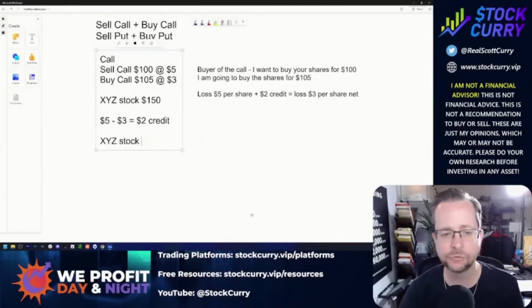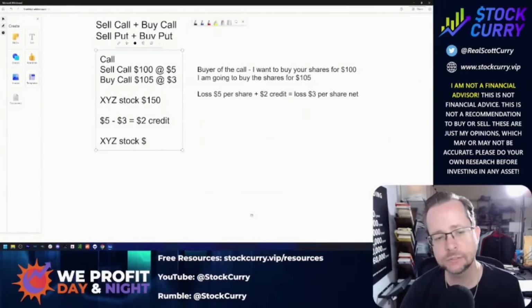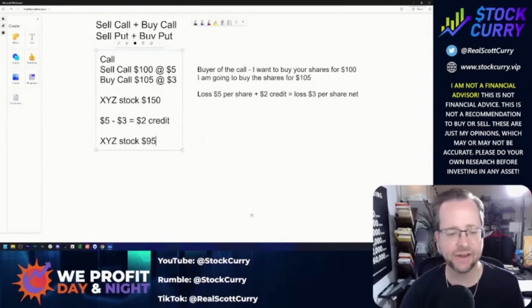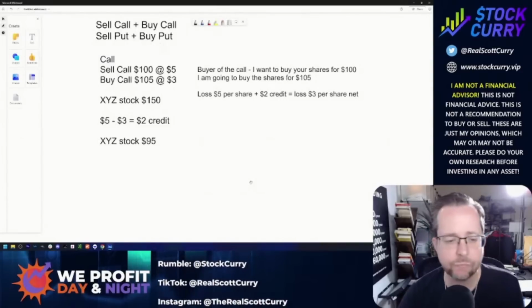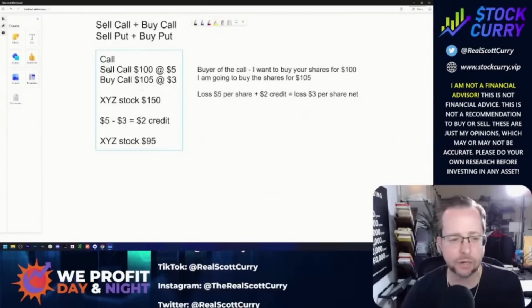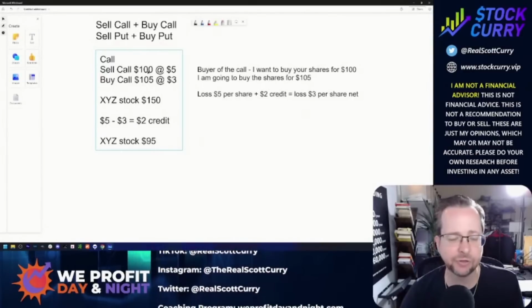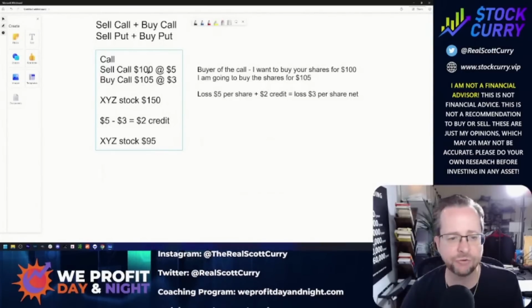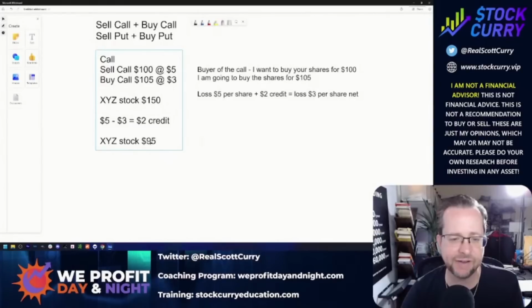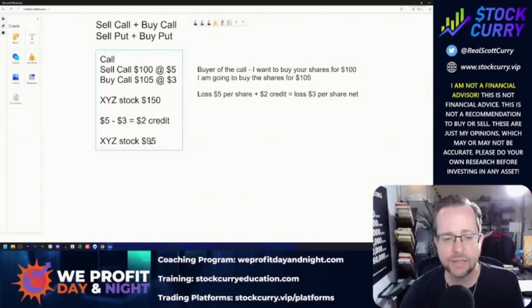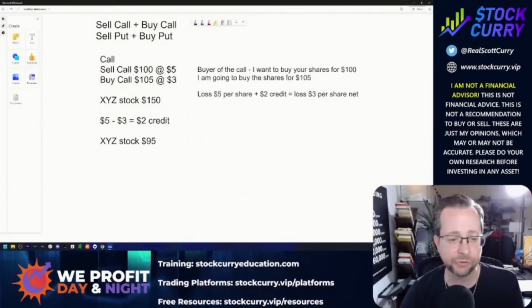Let's say the stock closes at $95. Is the buyer of my call option going to buy the shares from me for $100 if they can buy them on the open market at $95? No. In that particular case, this expires worthless.